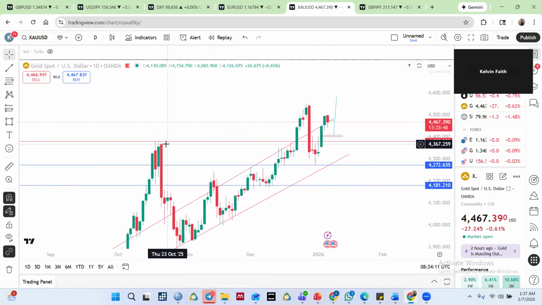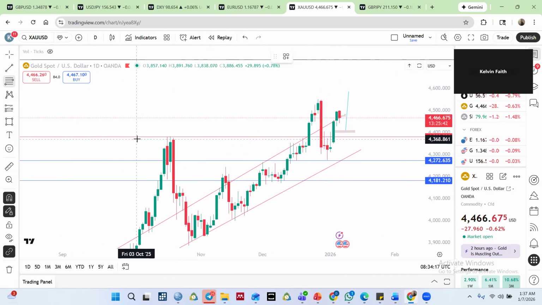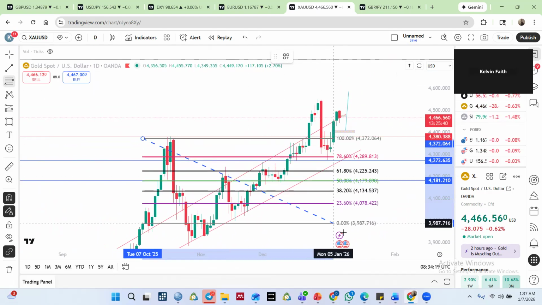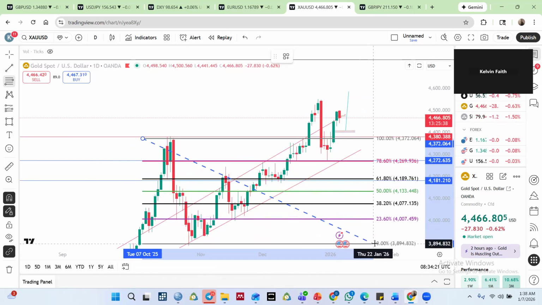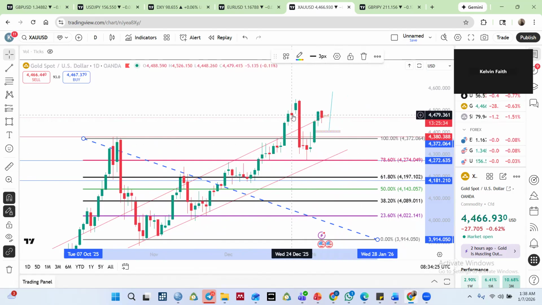So this is typically a break up and a retest formation. And if we measure the range from this previous high here to down here where the buy started, we could also see that price just broke the high and dropped back to just 78.6%.